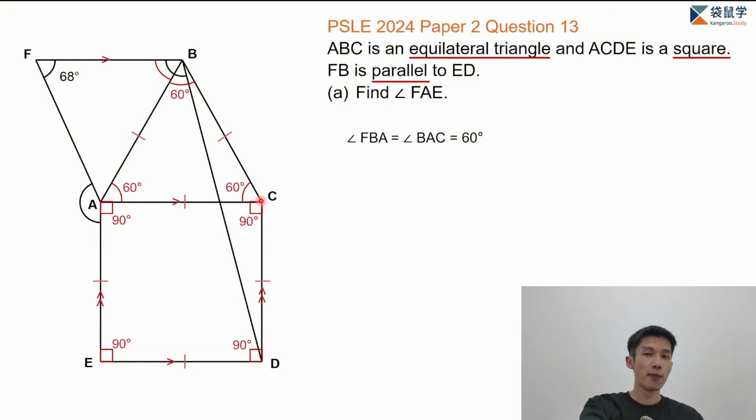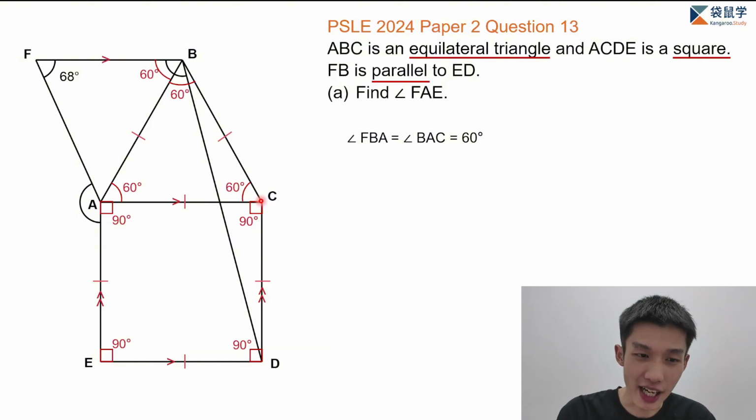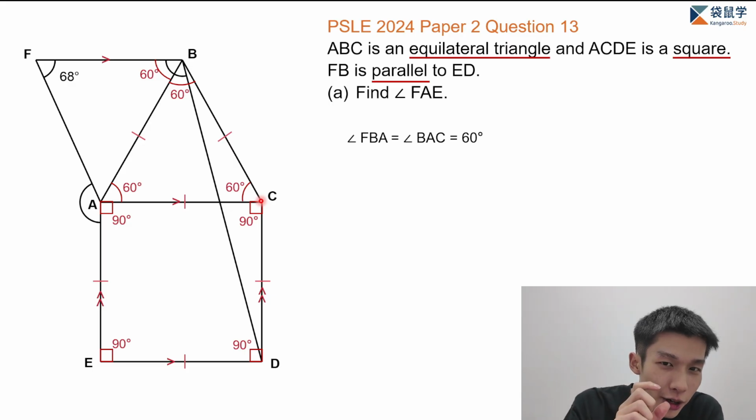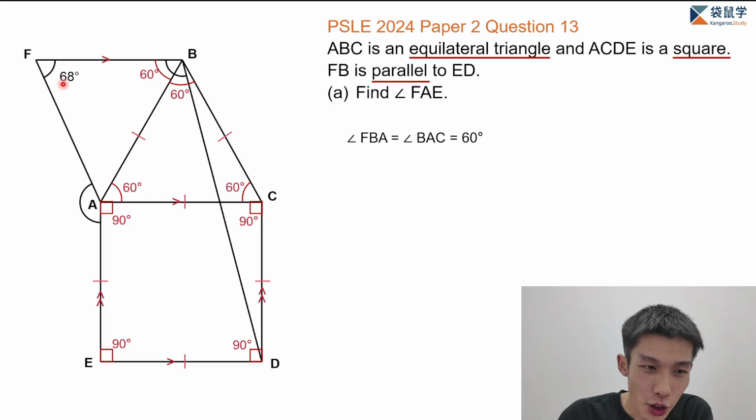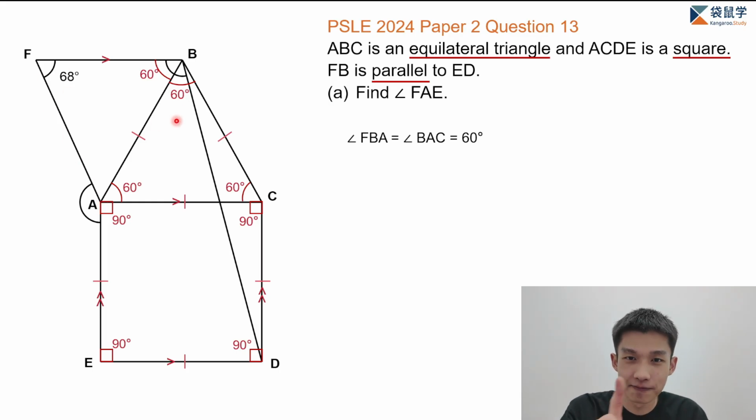And don't forget, after getting these angles, we need to label them as 60 degrees. What's next? Good. We know 2 angles inside triangle FBA. How about this angle, FAB? Can we get it? How?